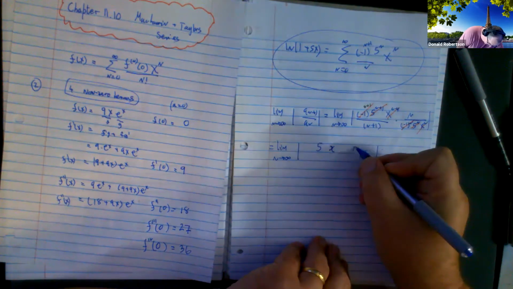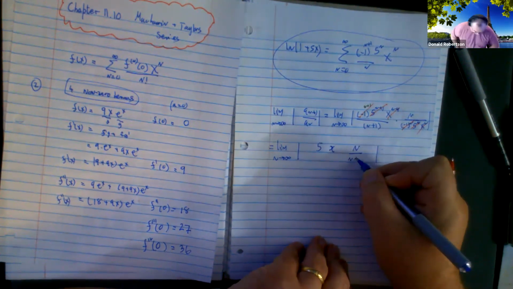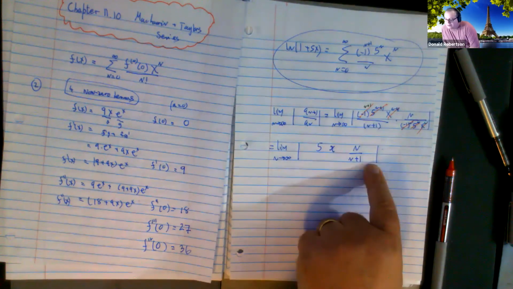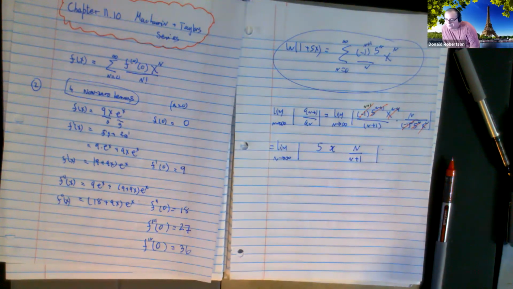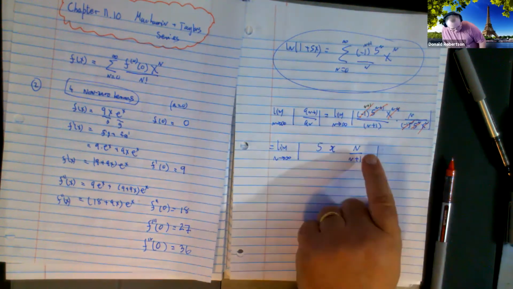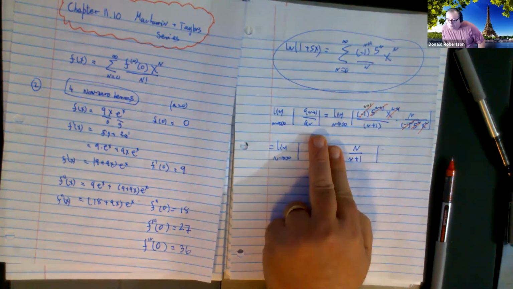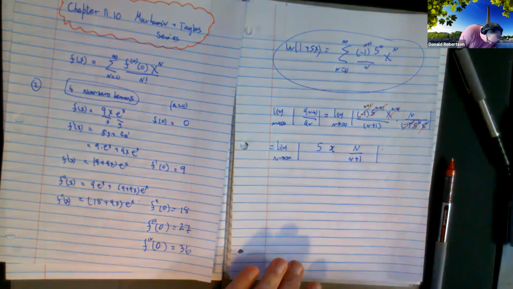And I tend to leave these alone for a while. Are we happy this cancels down to a much cleaner looking ratio? 5 left over and an x left over, both in the top. And then we've got these. These are considered constants. Would you agree that that becomes 1, by L'Hopital's rule? And so we're left with that.